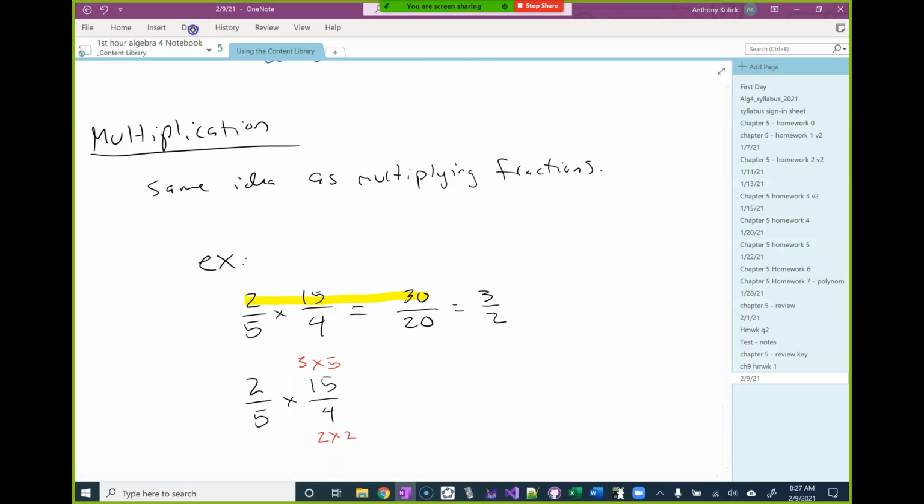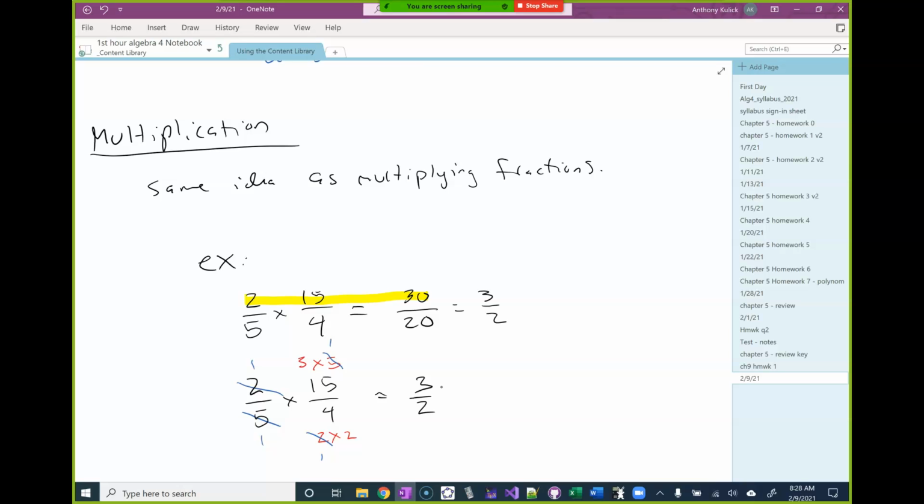And then reduce before we multiply. So really just left with 3 times 1 times 1, or 3, over 1 times 1 times 2, which is just 2. And that is going to be a heck of a lot easier to deal with in a polynomial situation than what we described previously, right? Everybody okay with that idea?